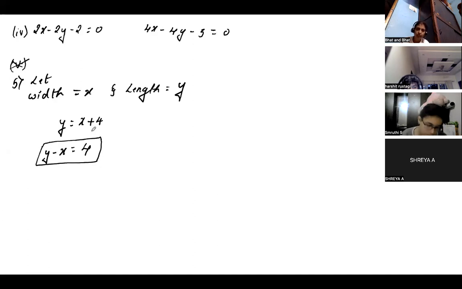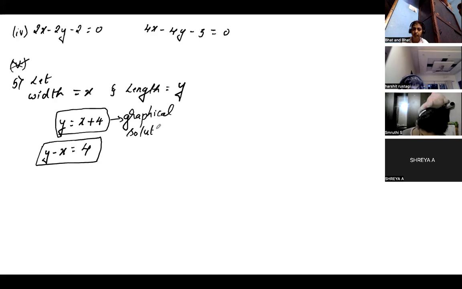We write it like this when we are doing graphical method or graphical solution. Why? Because linear equation means a line is represented using y is equal to mx plus c. This equation represents a straight line.